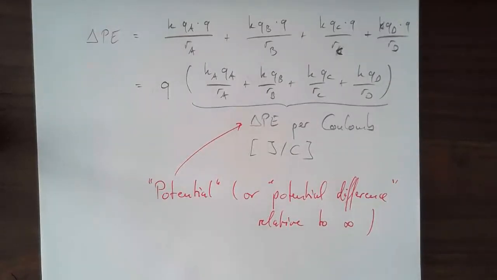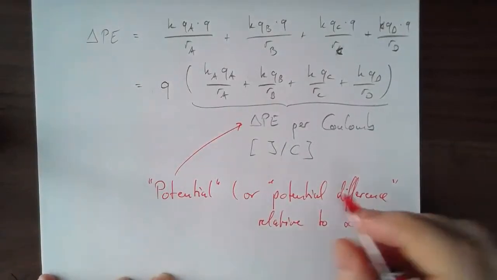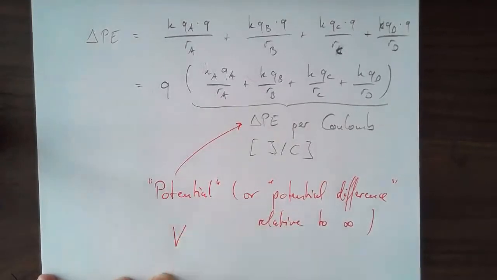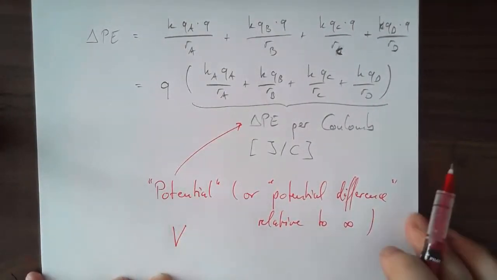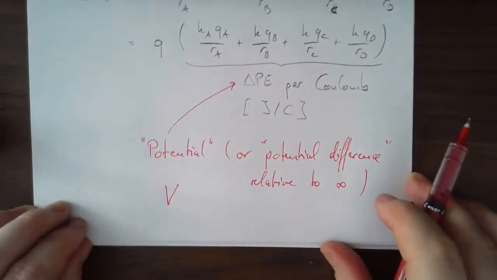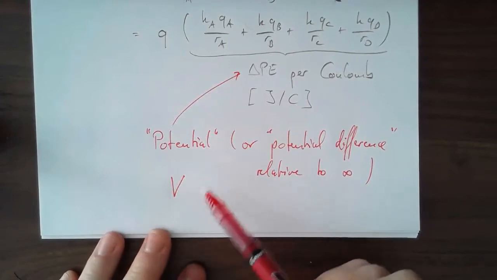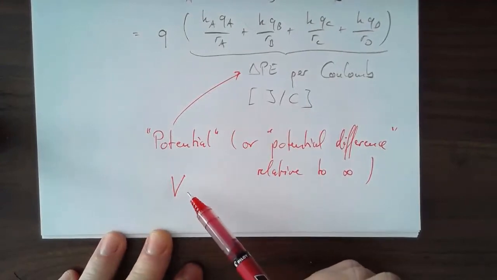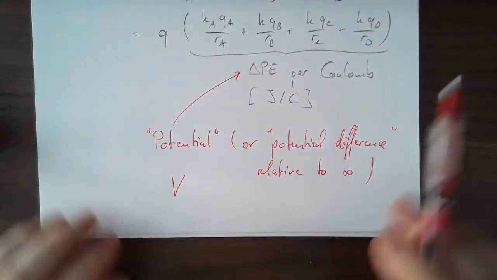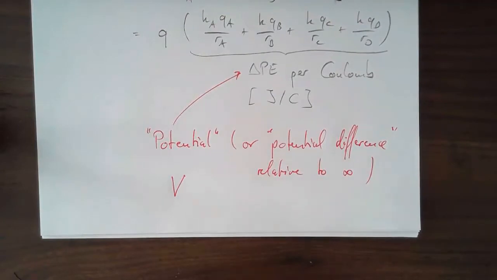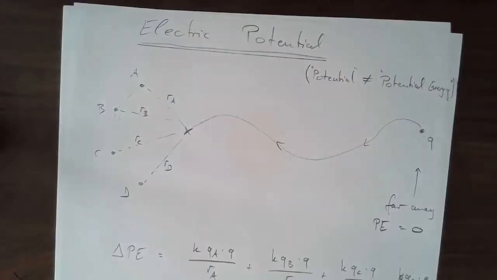Now we're going to give the potential the symbol V. V stands for voltage, and it's another term for potential. And voltage in particular is used in the context of electric circuits, which we're going to come to in just a little bit. Notice though, there's this analogy that I kind of hinted at when we're looking at the map.